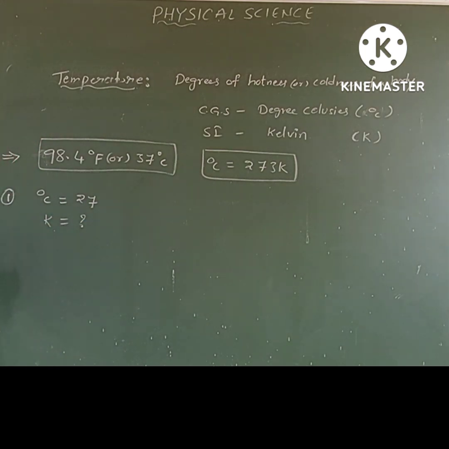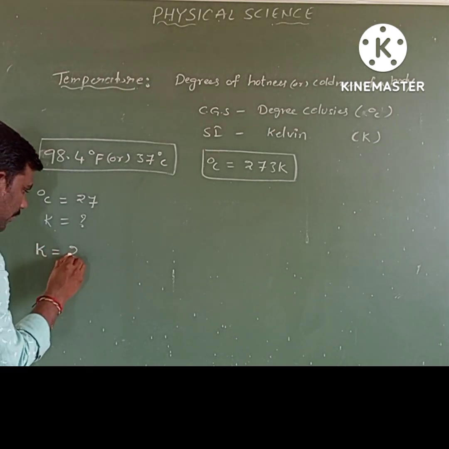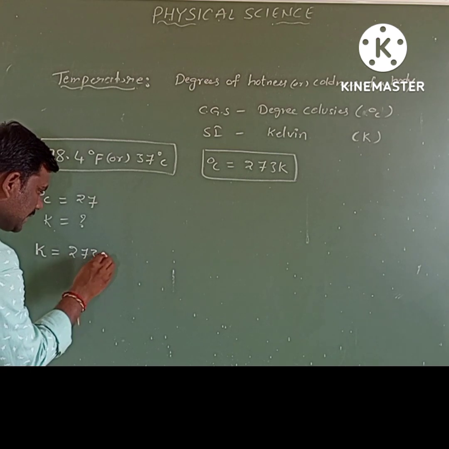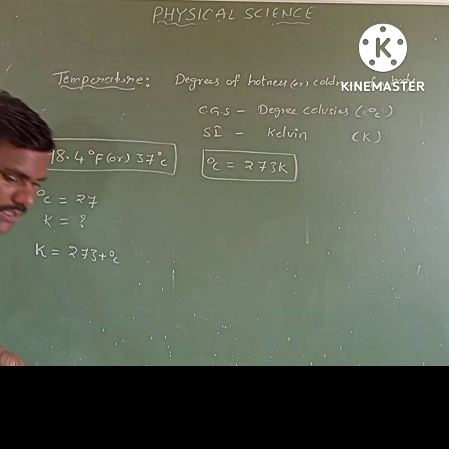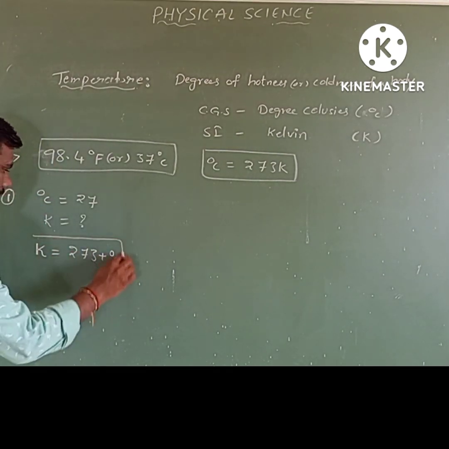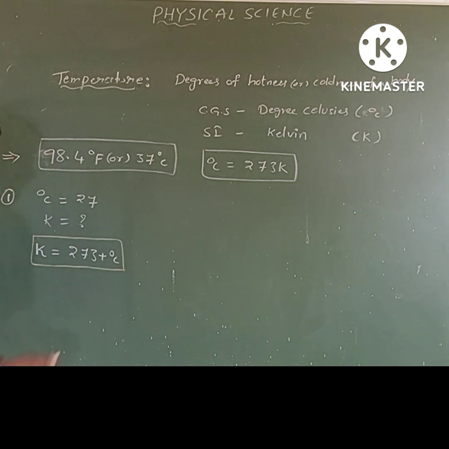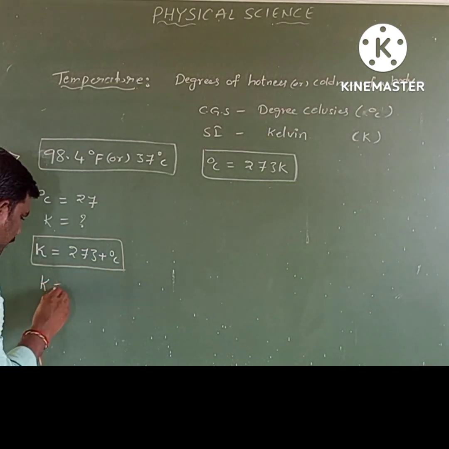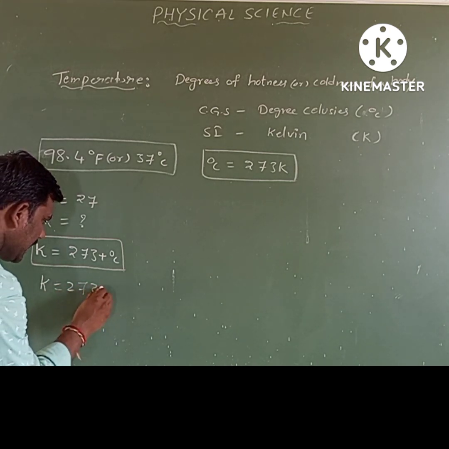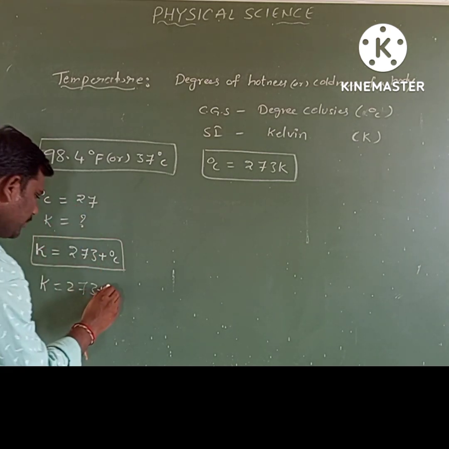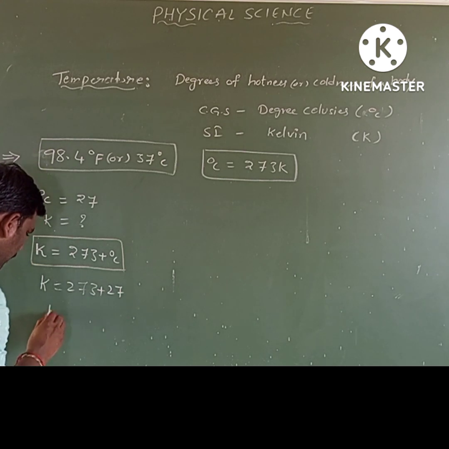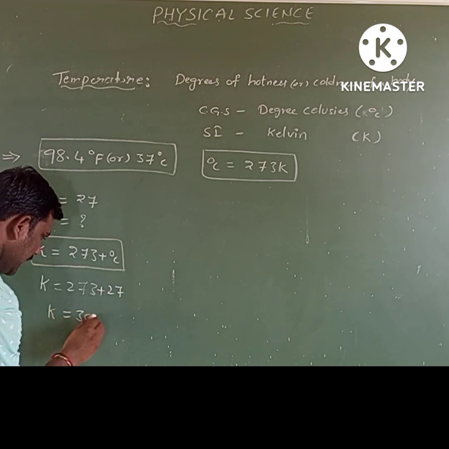The important formula is K is equal to 273 plus degree Celsius. This is the very important formula to convert temperature in degree Celsius to the Kelvin scale. So K is equal to 273 plus 27. Then K is equal to 300.